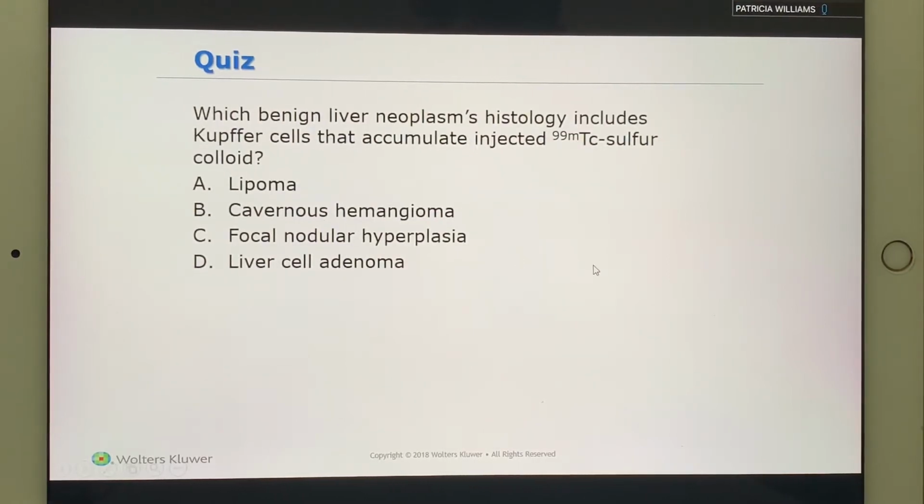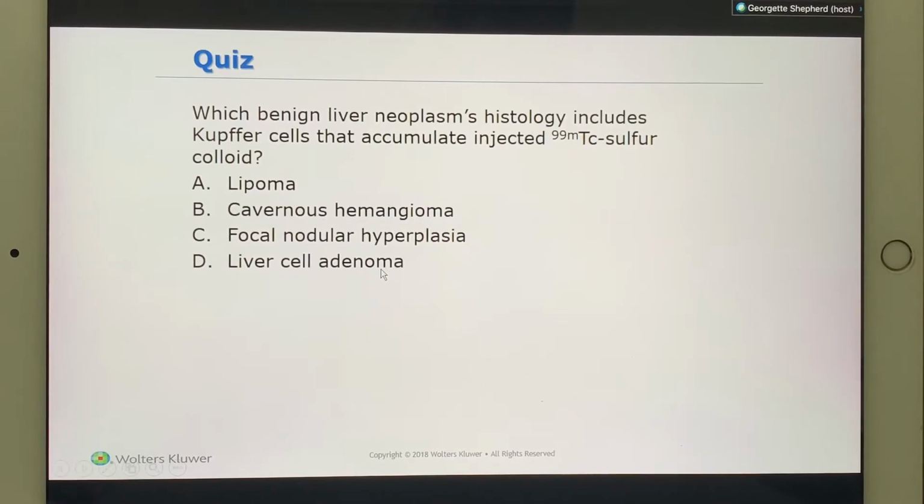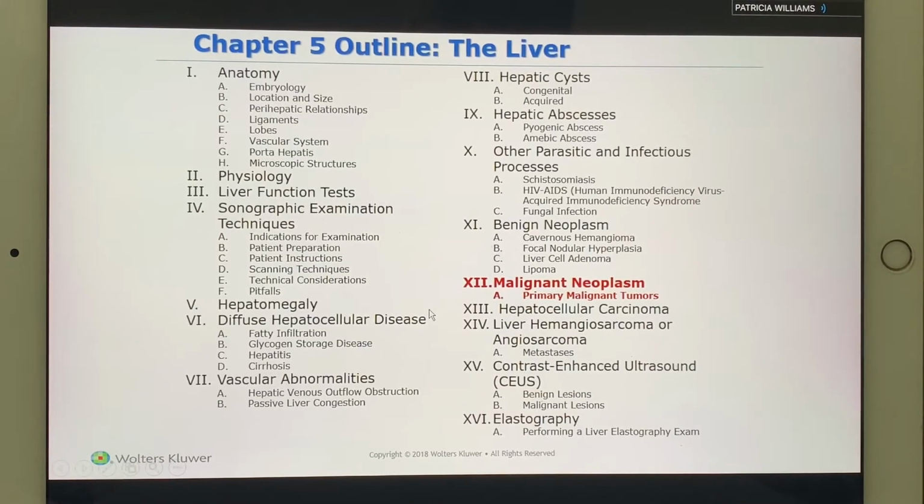Which benign liver neoplasm histology includes Kupffer cells that accumulate injected nuclei? Liver cell adenoma. What are they going to do to an adenoma? They're going to surgically remove it because it can turn malignant. Is that the second most common? It is the second most common.